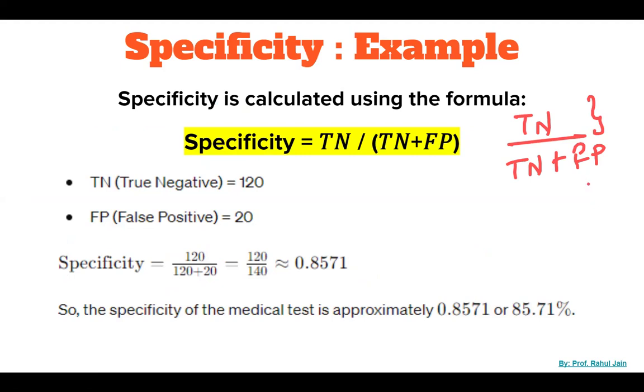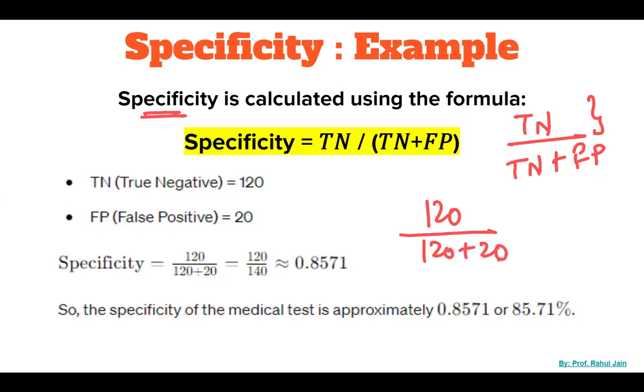So we are going to calculate this specificity metric. True negatives in this case are 120. It means that 120 persons don't have the disease, and the model is also predicting that they don't have any disease. So this is correctly predicted that these persons are okay. But we are going to calculate its ratio with true negative plus false positive.